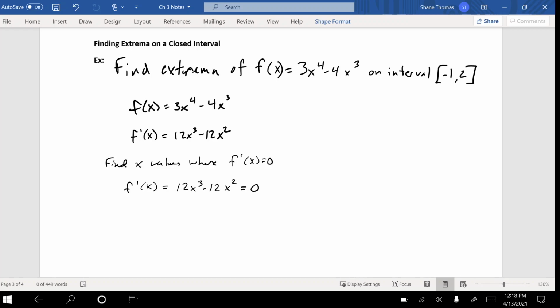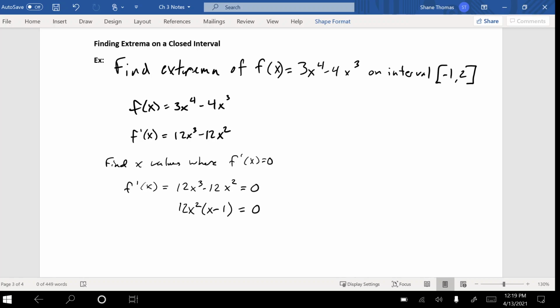Now, can I factor that yet? Not pretty, but I can pull something out, right? I'm going to pull out 12x squared. That's going to leave me with x minus 1. That's equal to 0.